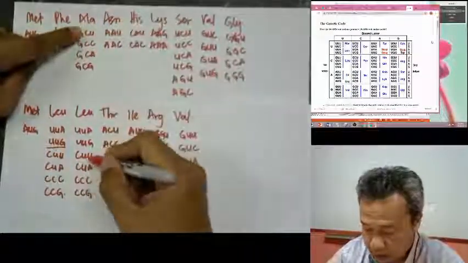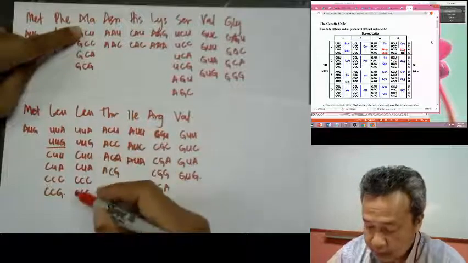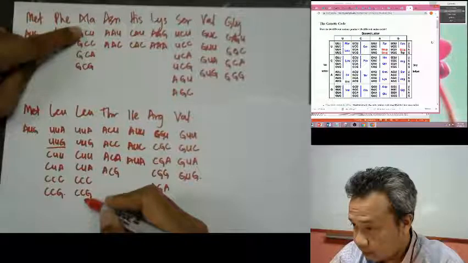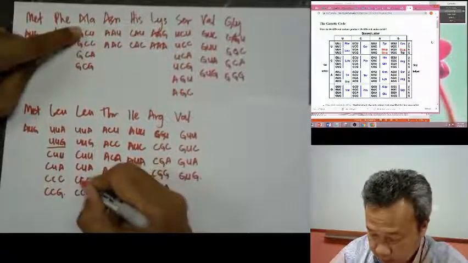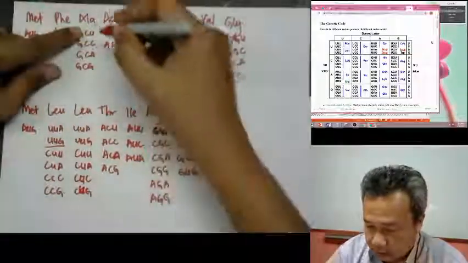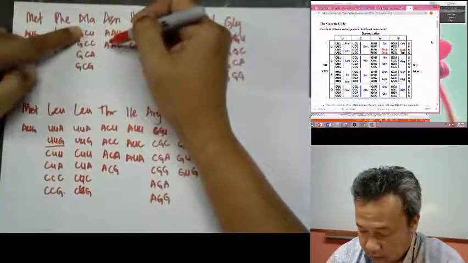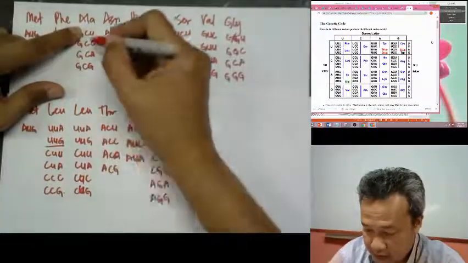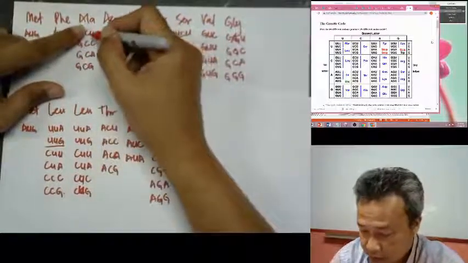Hang on, that's wrong. So you have CUA or CCA. It cannot be CC. It has to be CU.